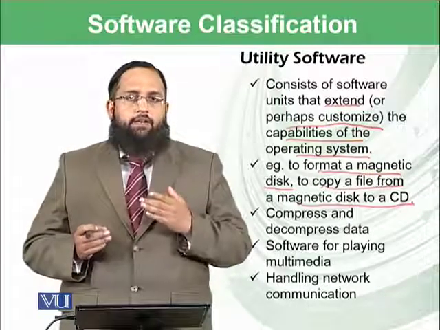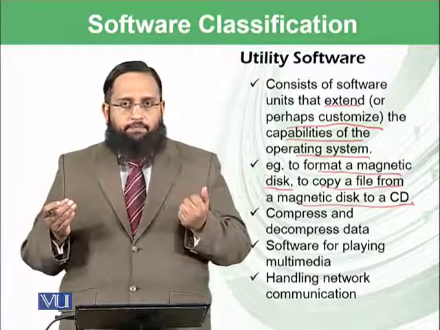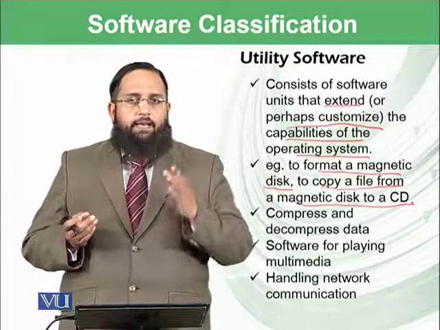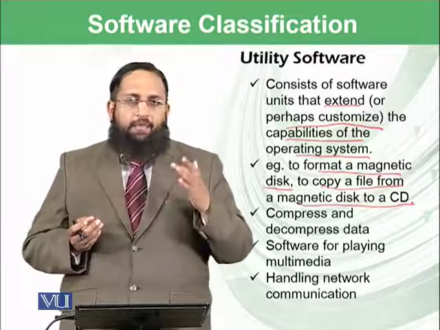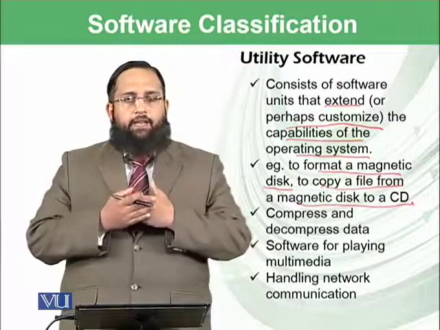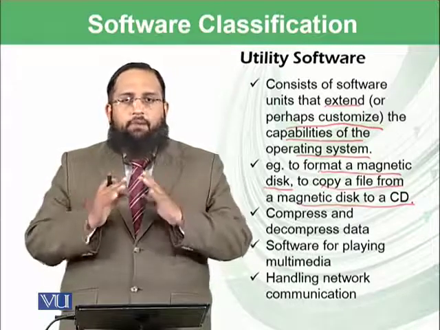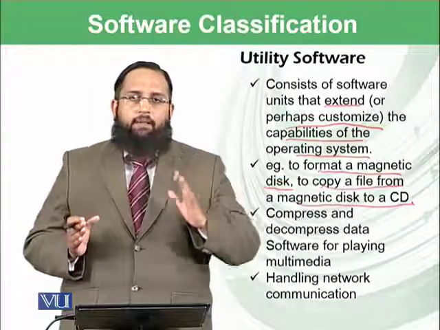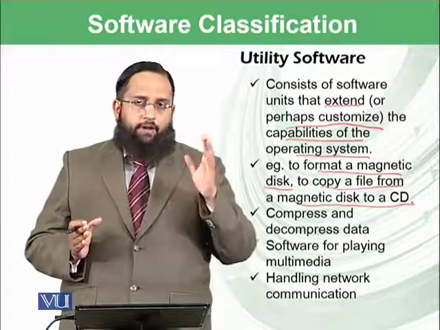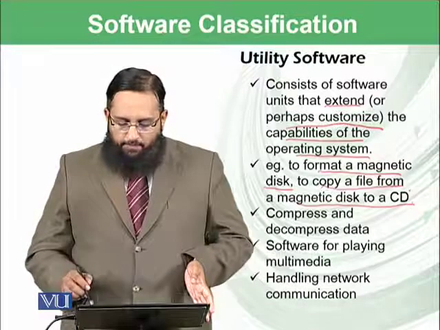This utility is not the need of all the users all over the world. Whoever needs such a utility will install it, and that utility will extend or strengthen the existing operating system for that particular kind of user. But this will not affect the other users using the computer.